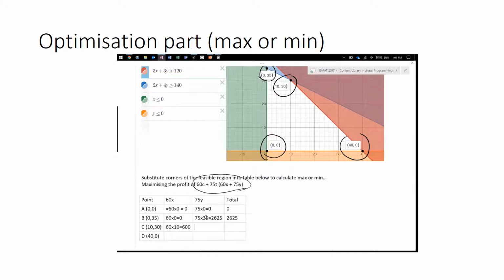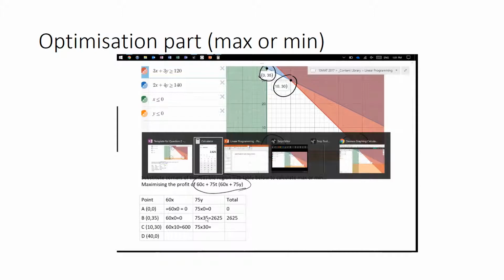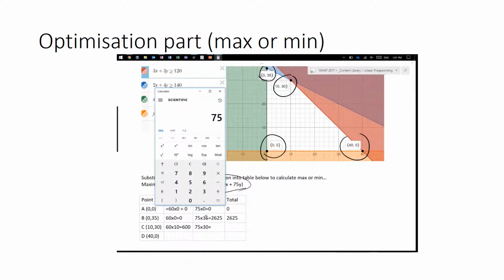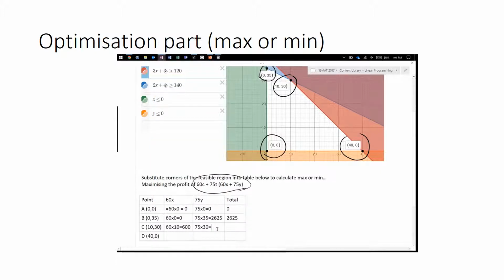The next one is 75 times 30. I can't do that either, so 75 times 30 is 2250. This is 600 plus 2250, which is equal to 2850. Happy?